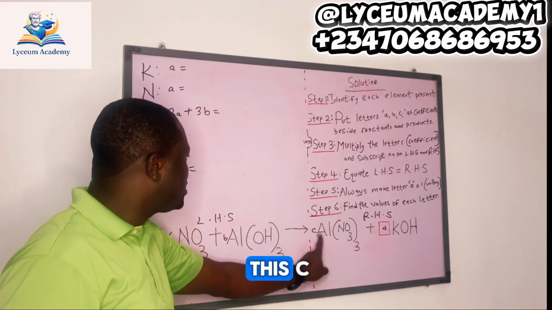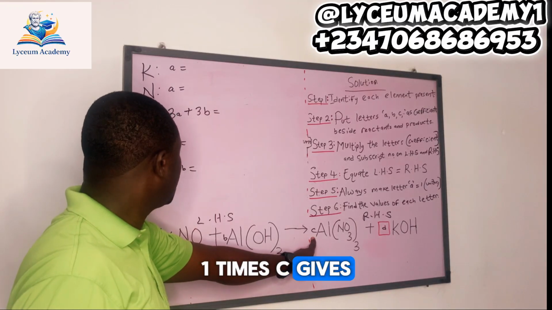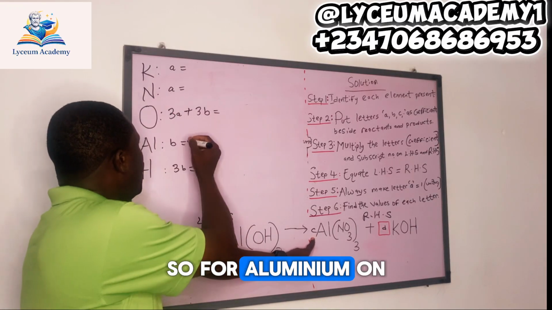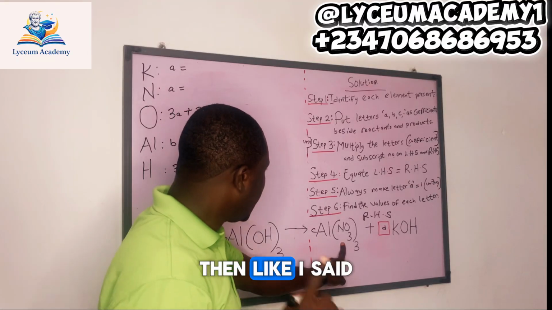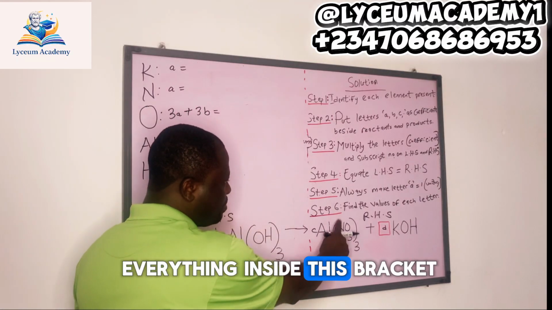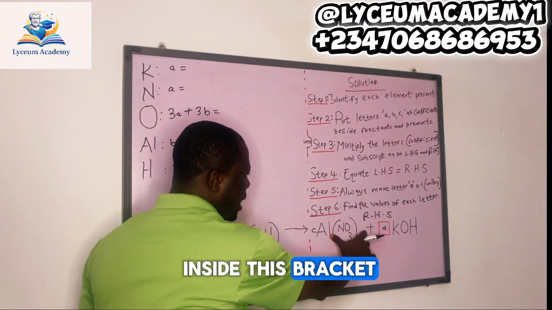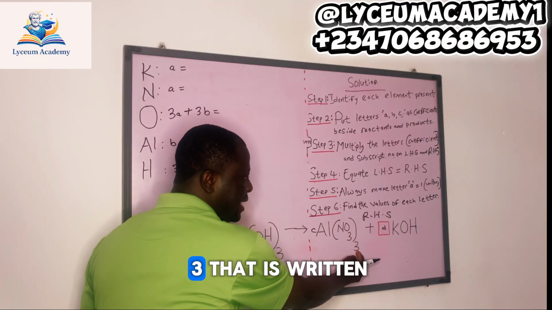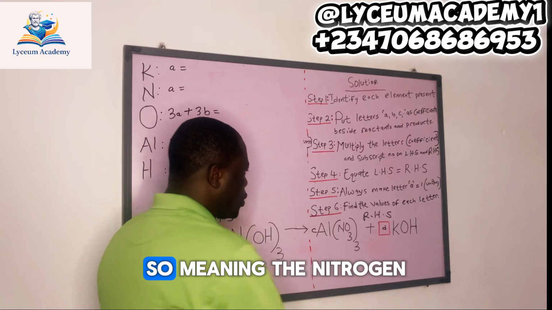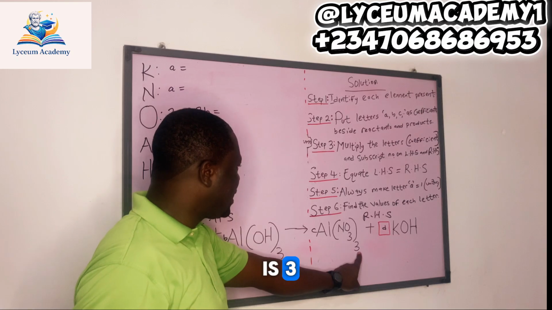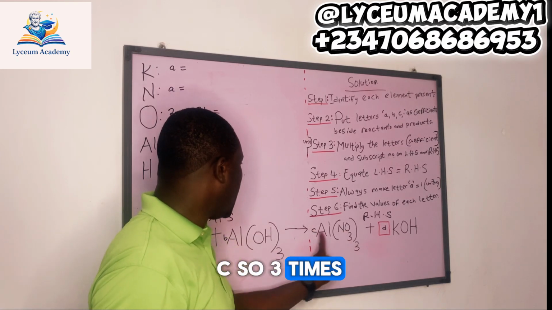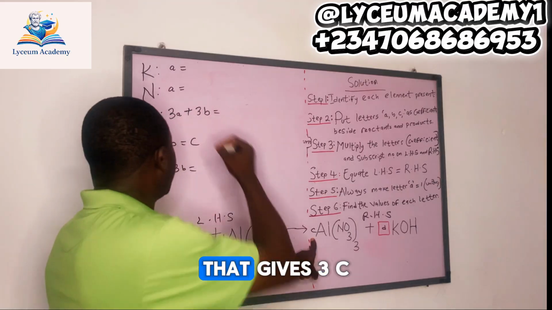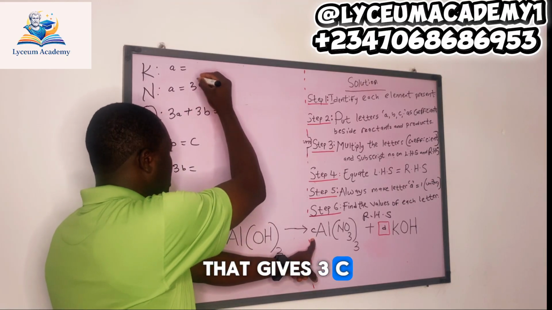Use it to multiply this C. 1 times C gives C. So for aluminium on the product side, C. Everything inside this bracket, the NO3, is affected by the 3 written outside it, meaning the nitrogen is 3. So 3 times C for nitrogen gives 3C.